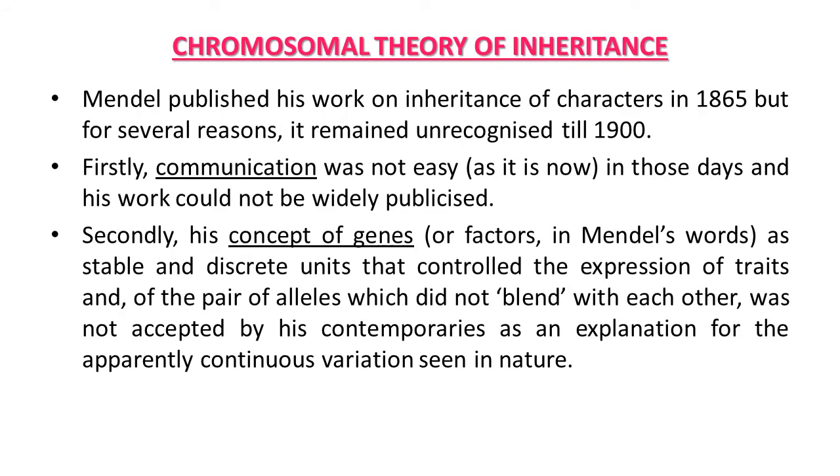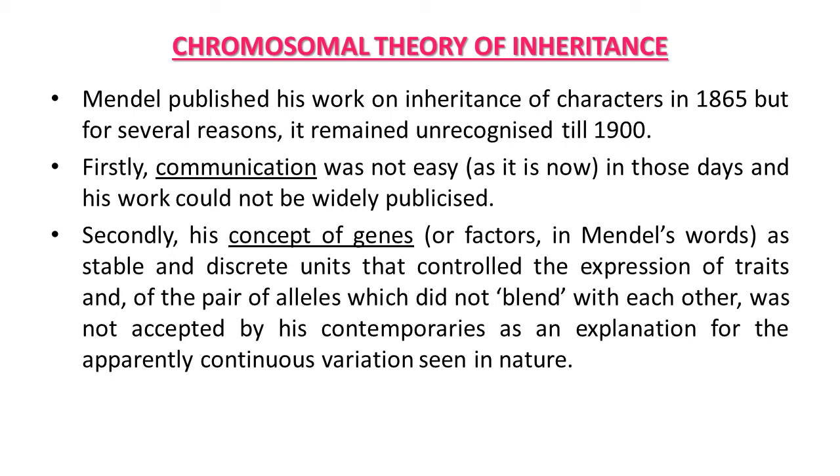Now the next theory is the chromosomal theory of inheritance. As you know, Mendel is the father of genetics. He started his experiments on pea plants to study the inheritance of characters from parents to their offspring. He proposed monohybrid and dihybrid experiments and some laws through these experiments also.